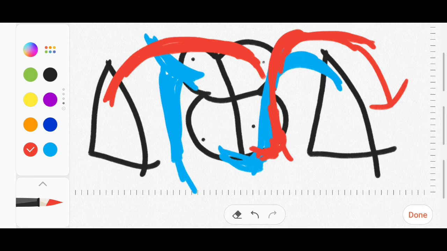So the superior vena cava and inferior vena cava draw blood into the right atrium. From the right atrium it goes into the right ventricle, and from the right ventricle the pulmonary arteries carry the blood into the lung.